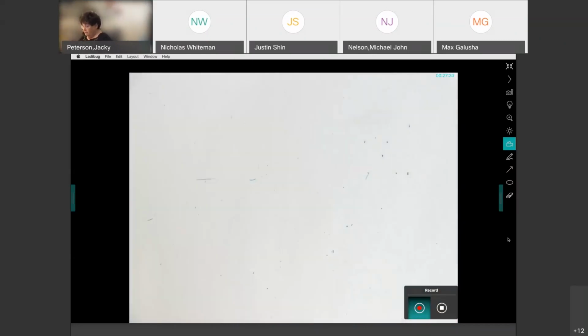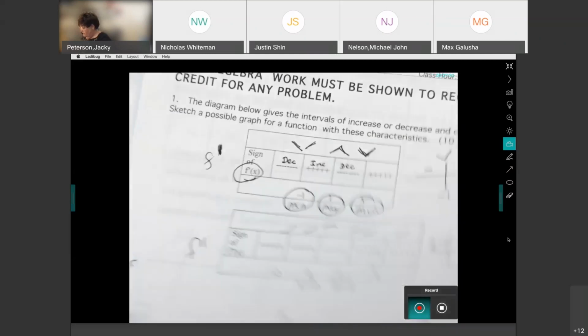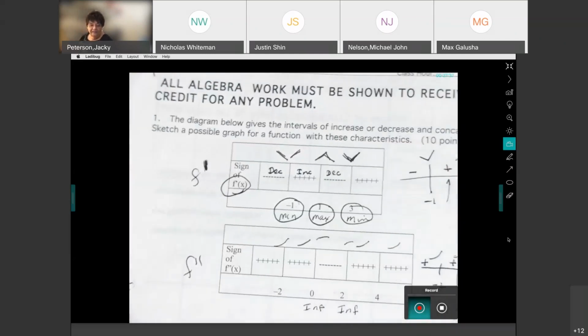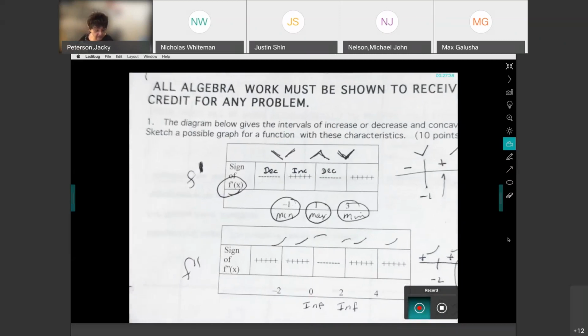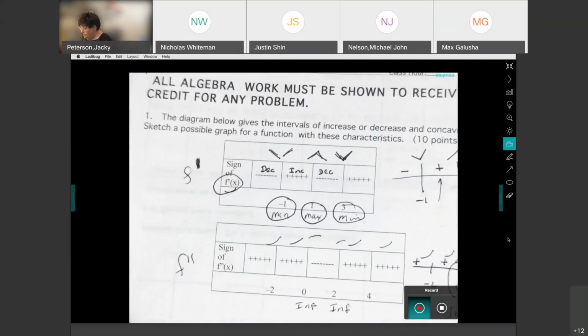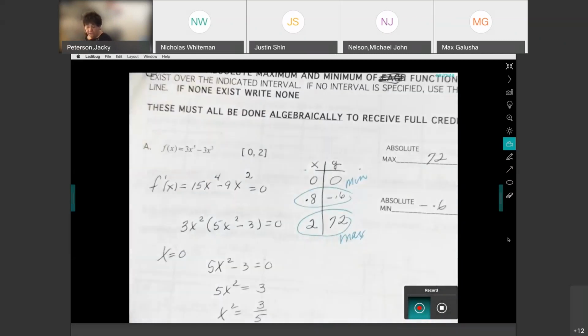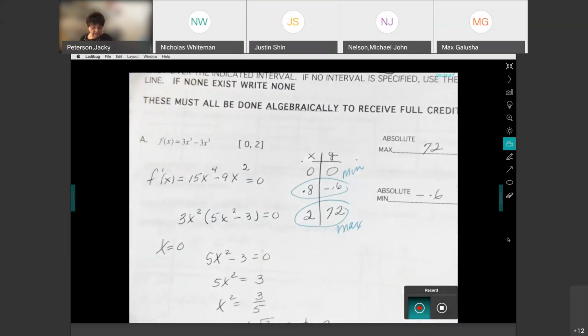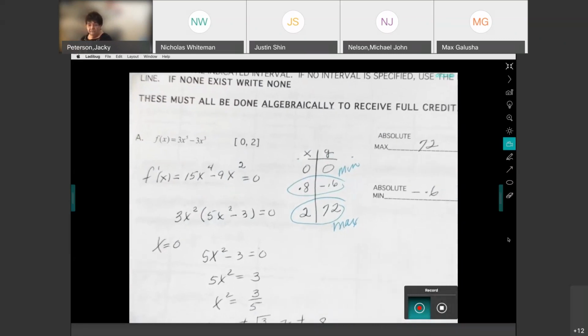Second test. I don't know, I think this was a preliminary key, from what I can find. On the second test, that's chapter 3. Problem number 2, that's your absolute max min. There is one absolute max min problem.